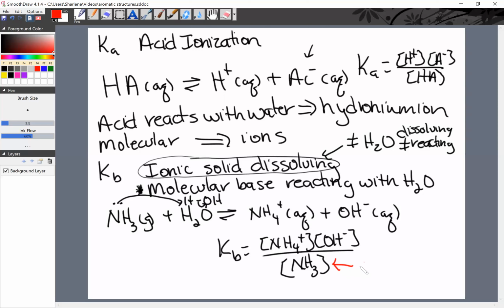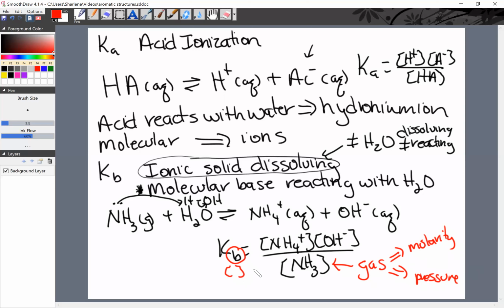That is a gas, but I plugged it in as molarity. It will completely depend on what data you're giving, which one you're going to use. But if you see Kb, that means molarity. Okay, so if you want to look up the constants, you're going to have to use molarity.